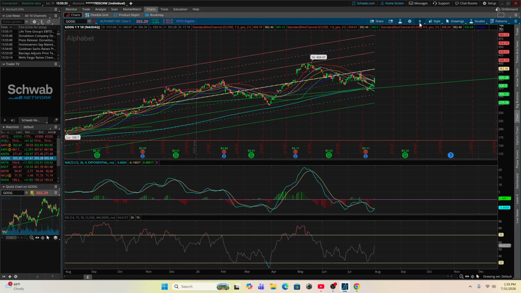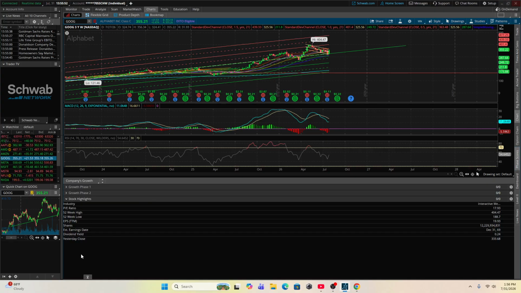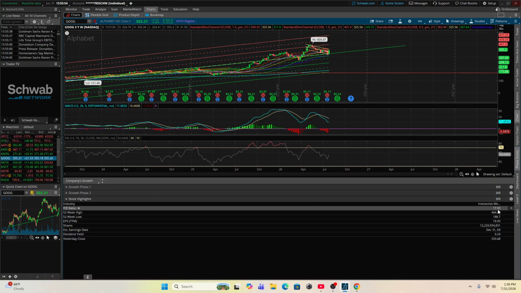Google's earnings were great. They have a capital expenditure question of how many billions of dollars they are going to spend on their future AI projects, and I'm entirely and completely okay with it. I want to own Google. Let's look at their PE.